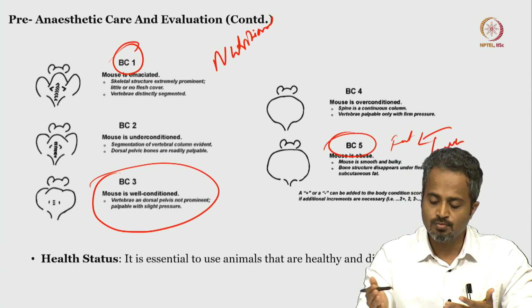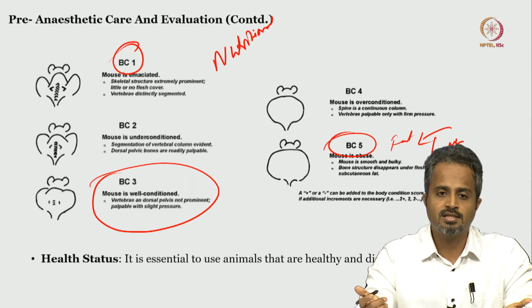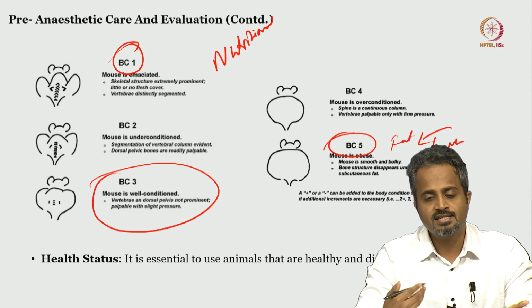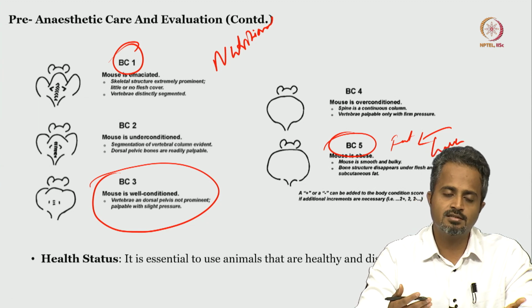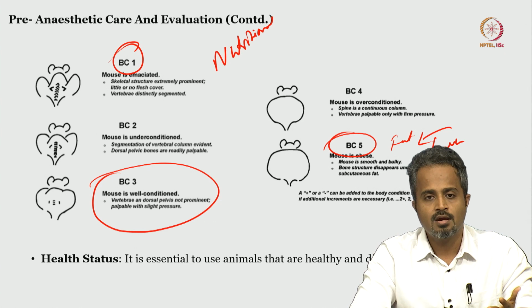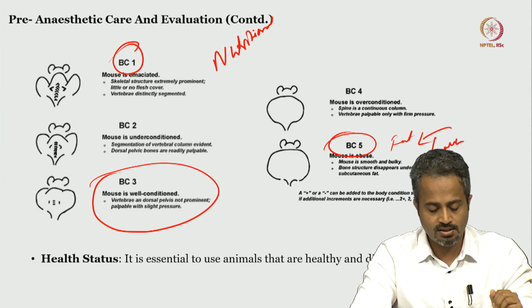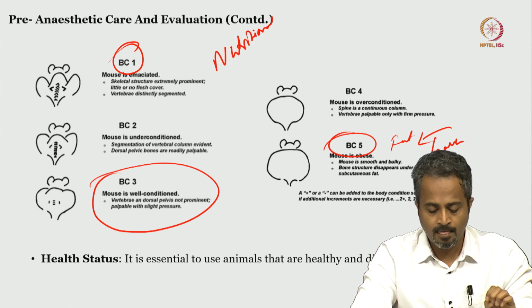Alright, so it should be neither over conditioned nor under conditioned and emaciated, which will not withstand any sort of extra physiological stress. The surgical and anesthetic steps are pretty stressful, and if the rat is already emaciated, it is not going to withstand any of these procedures. Alright, so that is very important. Choose the right body conditioning.